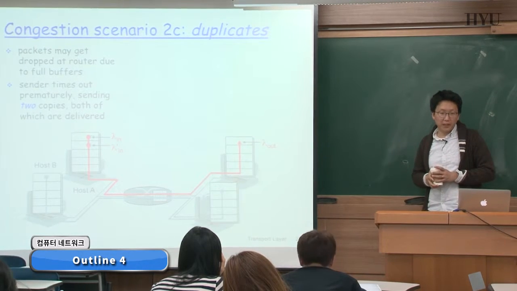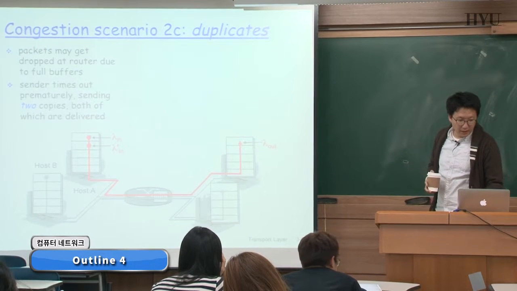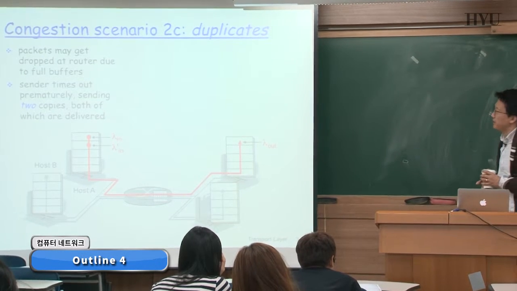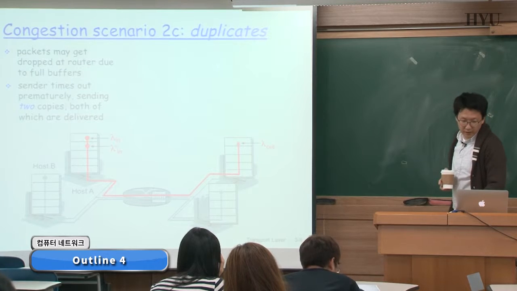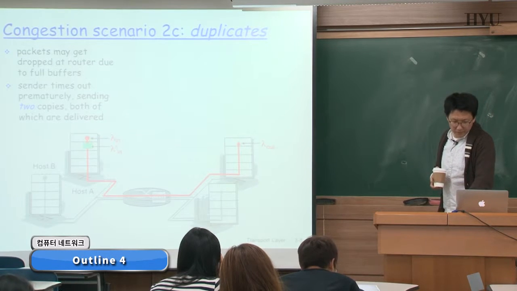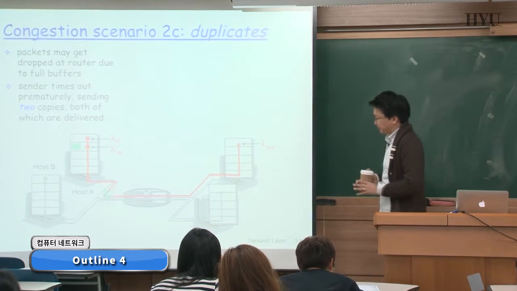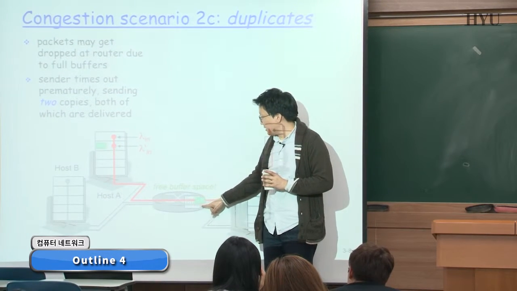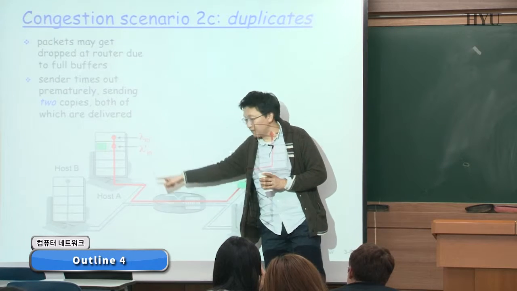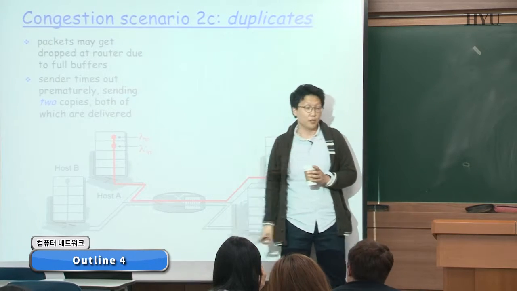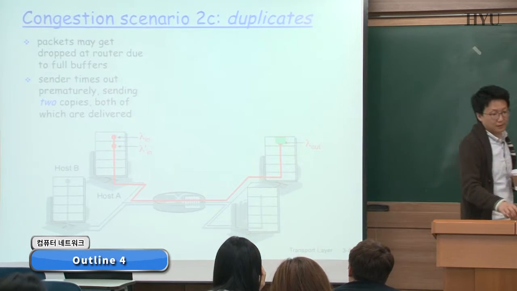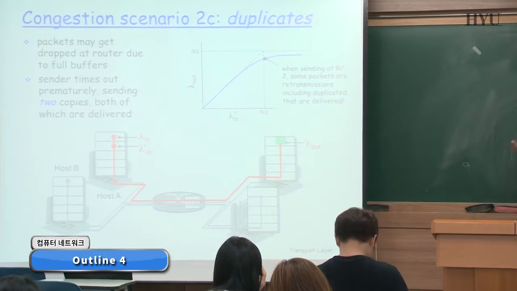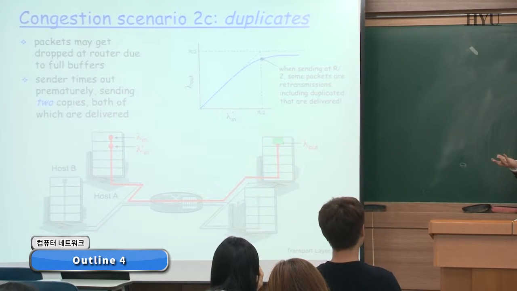Same thing for duplicates, same example. The sender times out prematurely, sending 2 copies, both of which are delivered. Maybe the timeout happened while the packet was still in the queue, so an early timeout happened, and they send it again before they receive an ACK. Likewise, that's an unnecessary retransmission, something I need to send more.